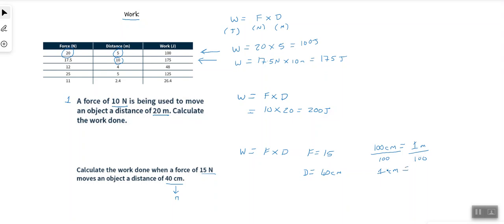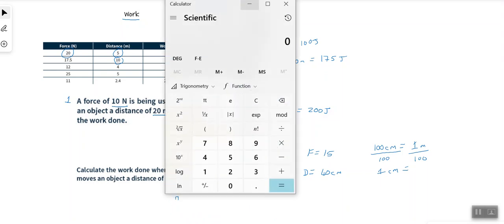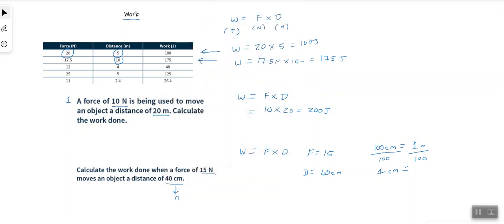And if we put that into decimal form, it's just 1 divided by 100, and that's equal to 0.01 of a meter. So 1 centimeter is equal to 0.01 of a meter. Now we want to find out what 40 centimeters is, so we have to multiply both sides by 40.